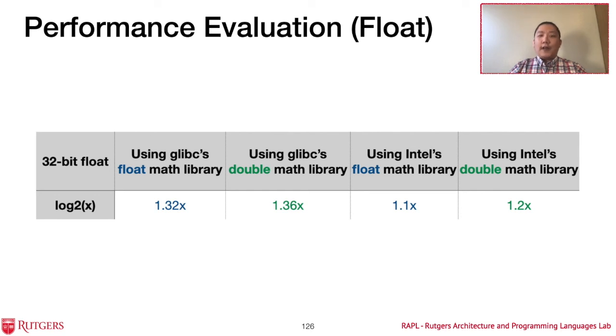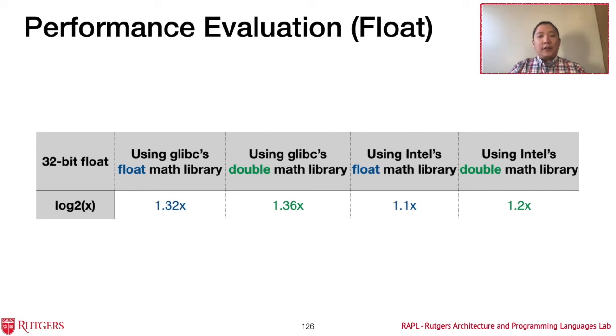Our log2 of x function for float type is faster than both glibc and Intel's math library, while producing correctly rounded results for all inputs. glibc's float math library produces wrong results for 14 million inputs, and Intel's float math library produces wrong results for 200 inputs. Our evaluation shows that using our approach in approximating the correctly rounded result, it is possible to create math libraries that are both efficient and correct.